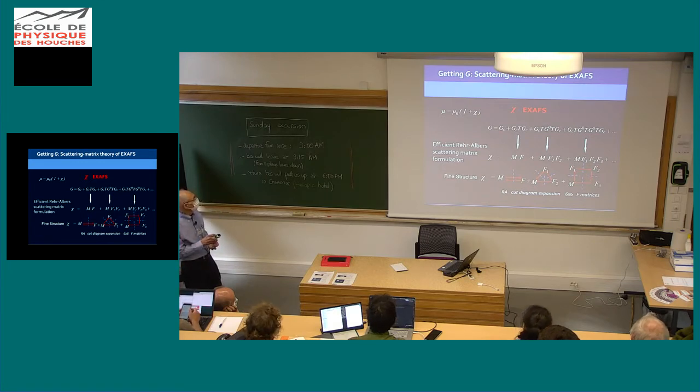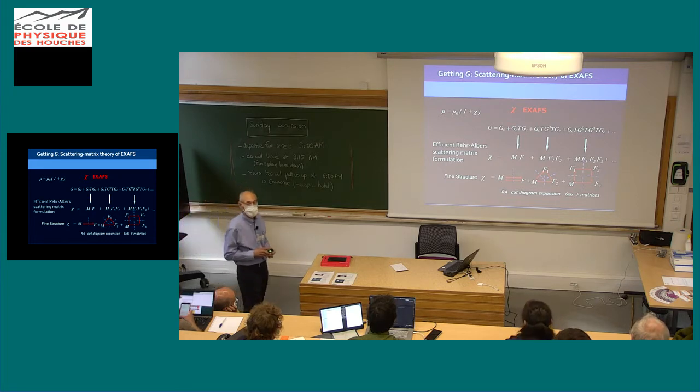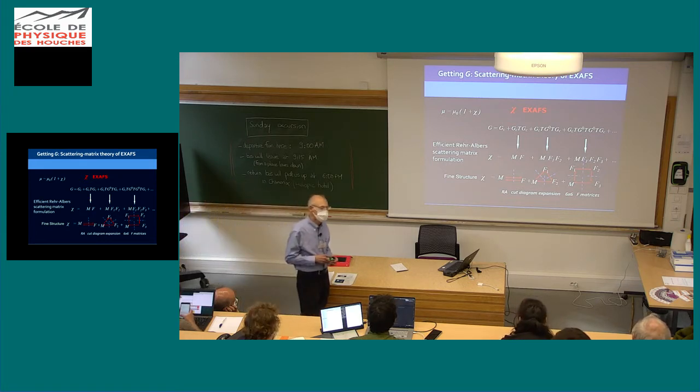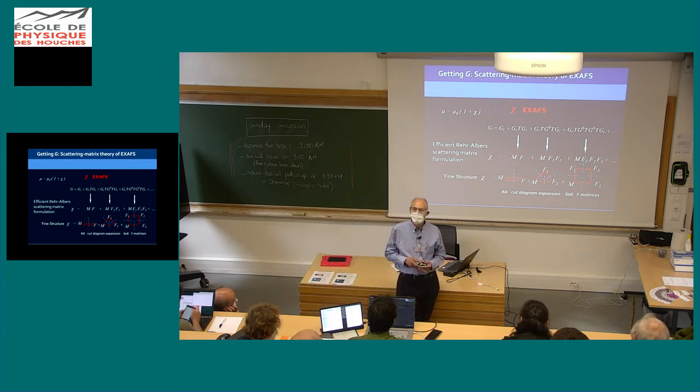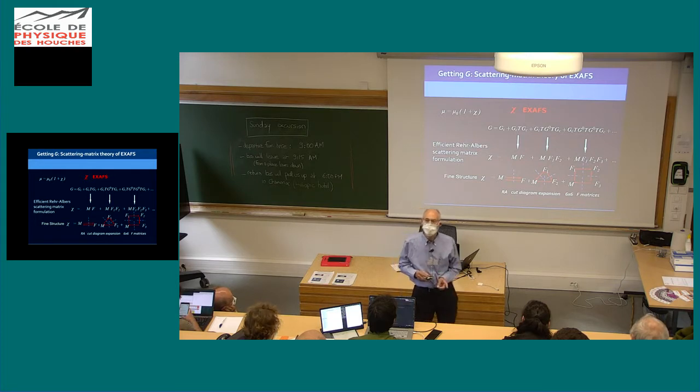So this took a little while, but if you stare at the Green's function at very high energies, you realize that physically it should reduce to the plane wave approximation. And in that limit, the Green's function is separable. It's e to the ik r over r times the product of spherical harmonics.